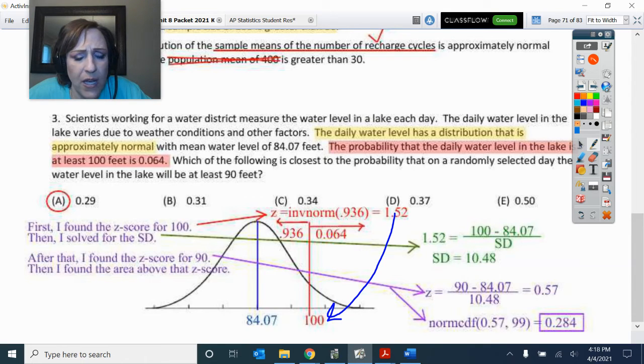So why did I not do t-scores? Oh, because, well, did they tell me the population standard deviation? Okay.